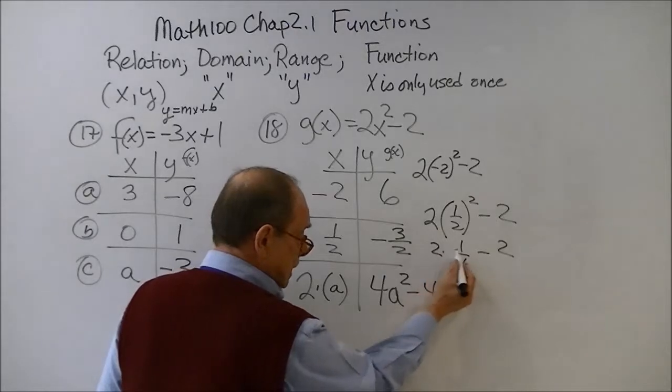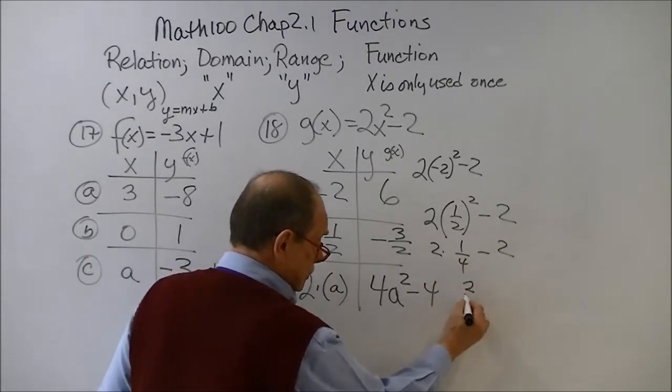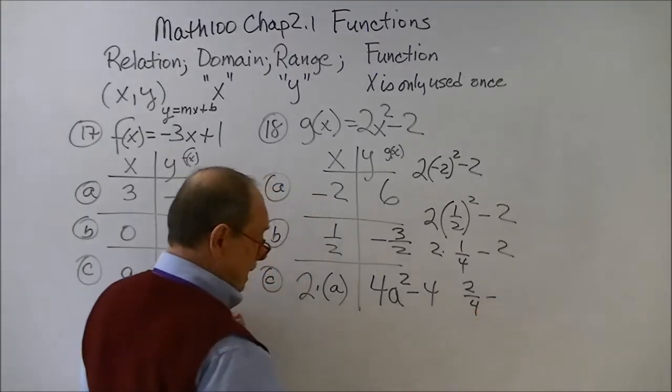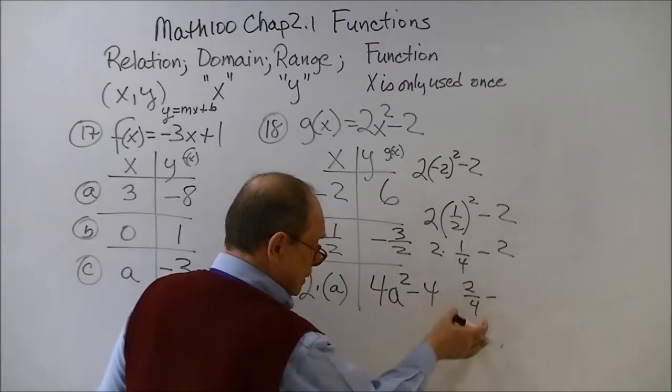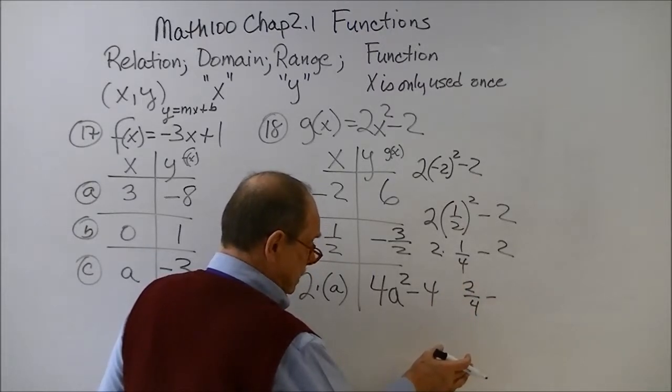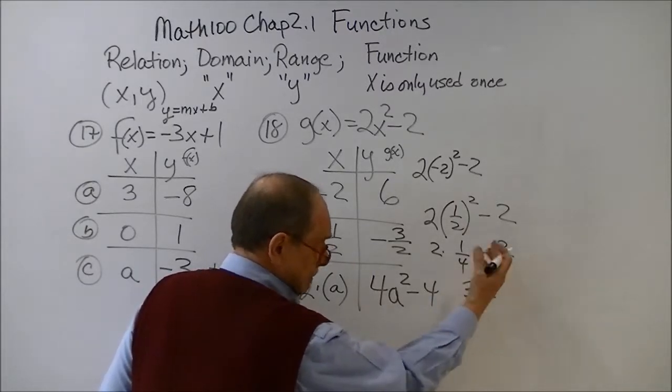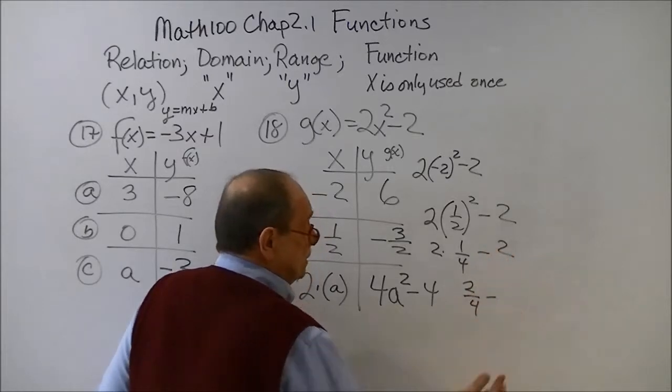Well, here, this then becomes 2 over 4 minus 2. But we can't do any subtraction there because this is not a fraction.